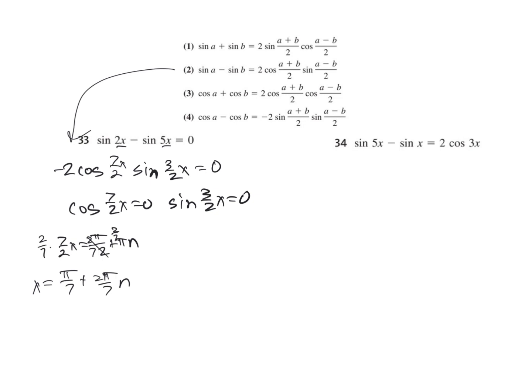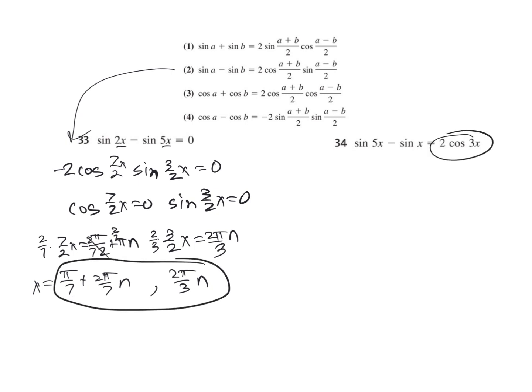And where does the sine of x equal 0? The sine equals 0 at pi n, every pi. So we multiply by 2/3. So x is also equal to 2 pi over 3 n.